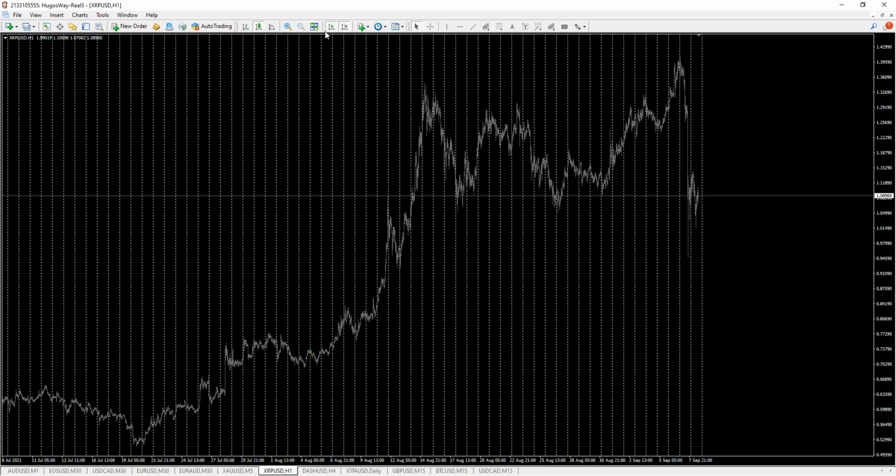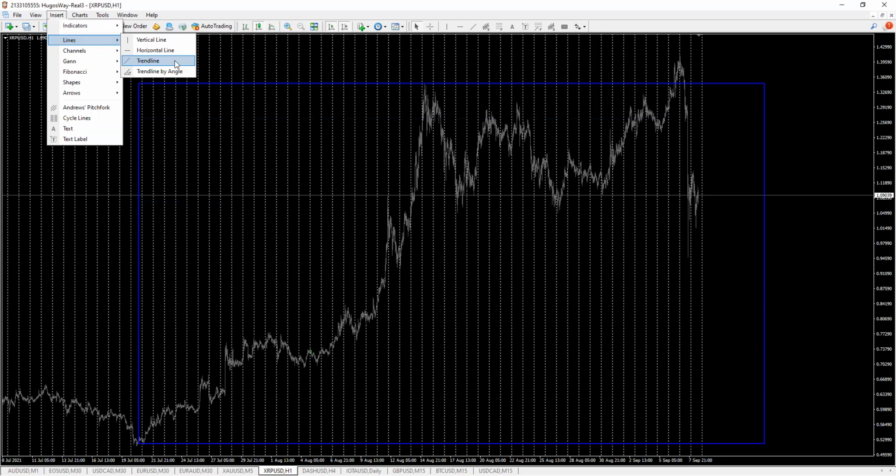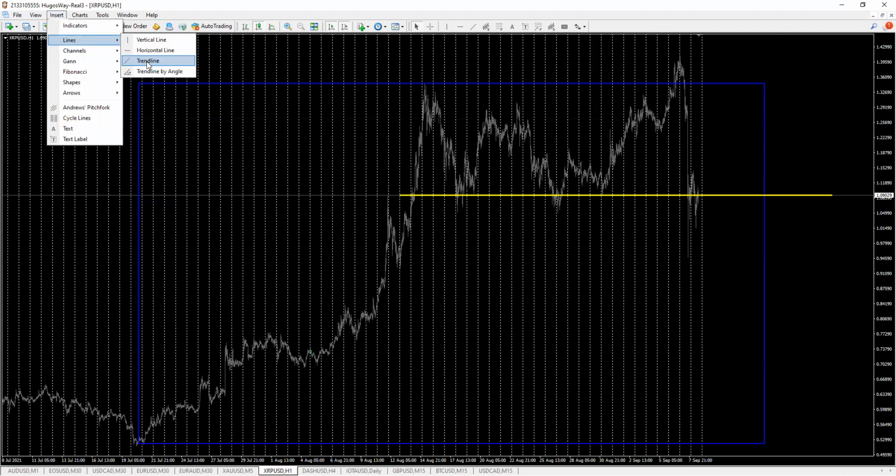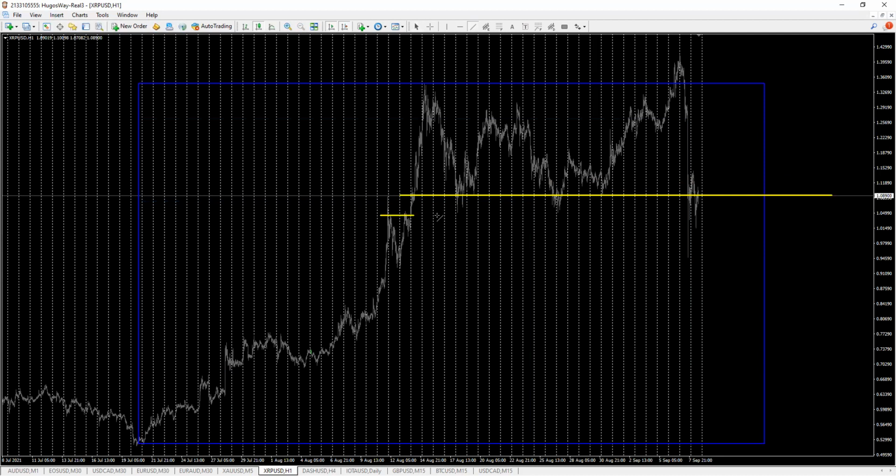Okay, so looking at here, we got peak to peak. This was one whole cycle. Just at an eyeball, this is a supportive level. This was a previous resistance level.